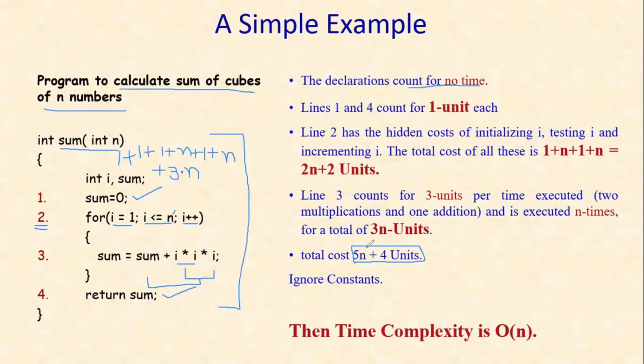In this, we can ignore the constants 5 and 4. So the time complexity can be represented as big O of n. So this is how we will calculate the running time of any algorithm.